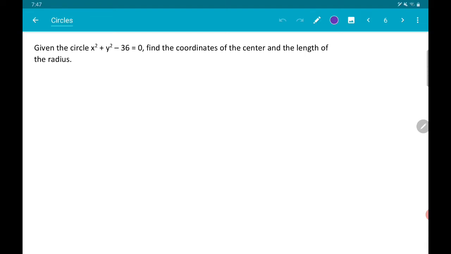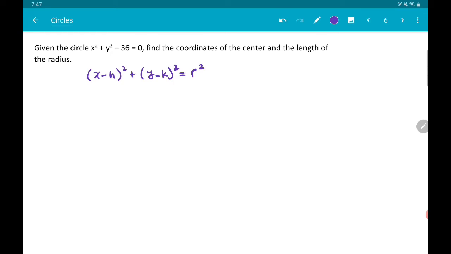It doesn't look like the equation we just talked about, because the equation for the circle is (x minus h) squared plus (y minus k) squared is equal to r squared. Well, we're given x squared plus y squared minus 36 is equal to 0.